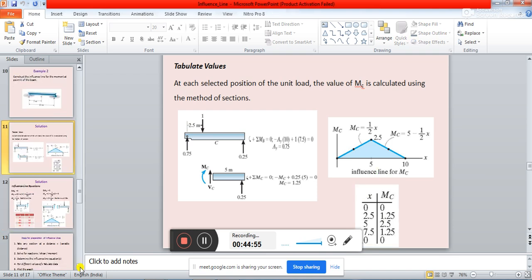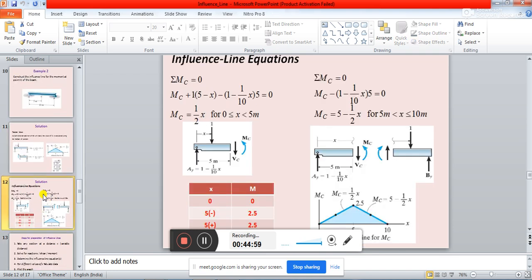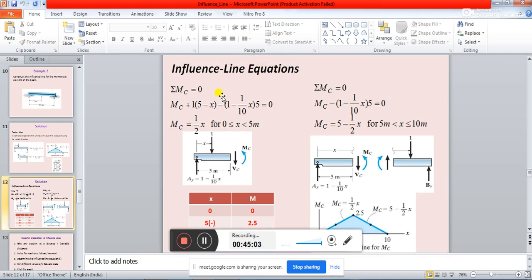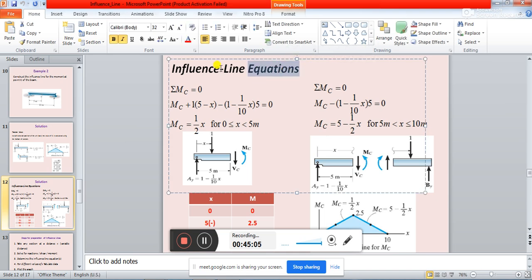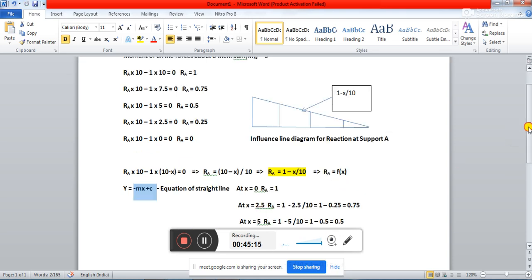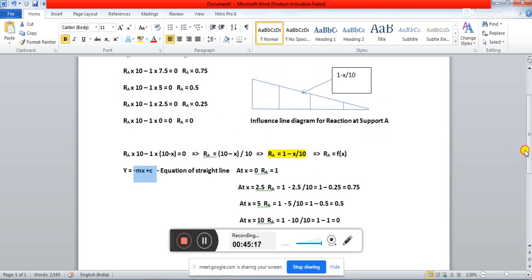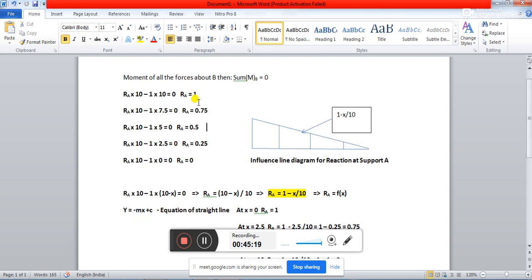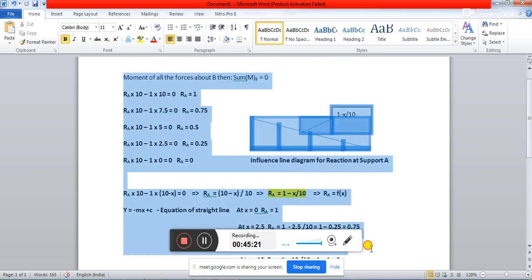Instead of that, let us go to a method where you can solve the problem using the influence line equation. So we will be using this method primarily for finding out the influence line diagram. So I am removing it, okay.